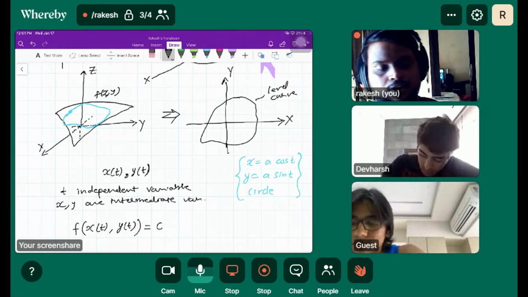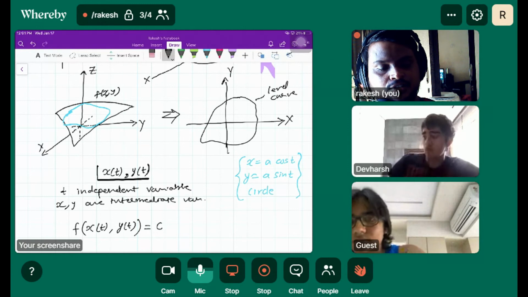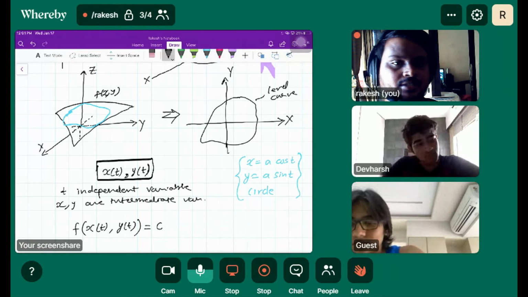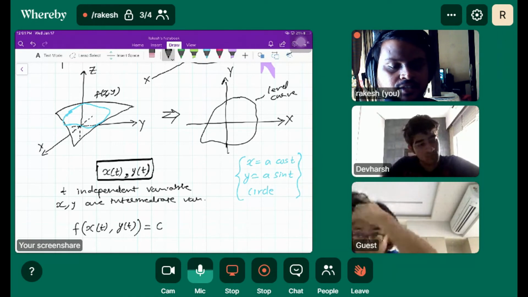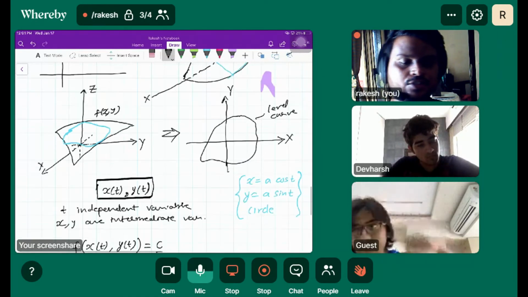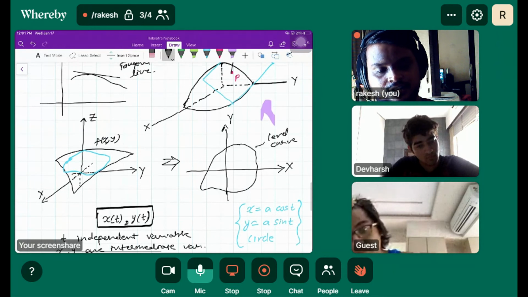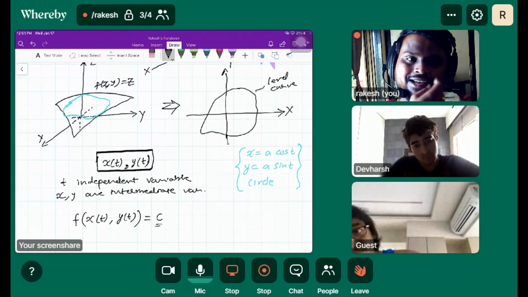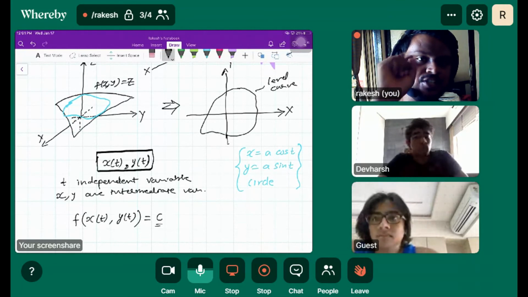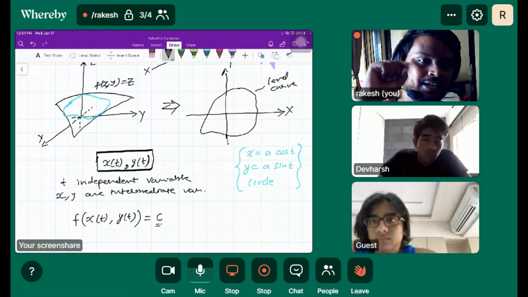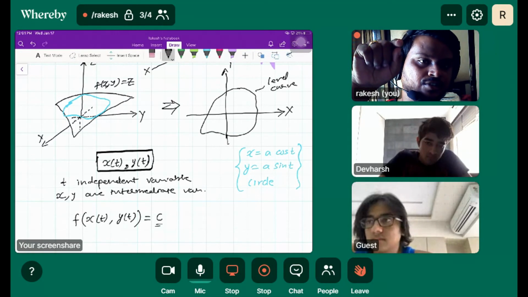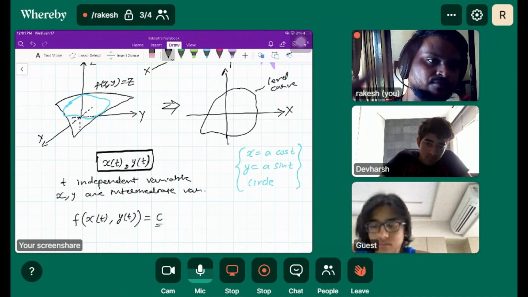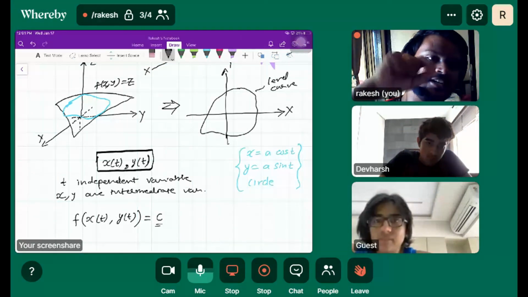So if I plug these parametric equations of the level curve inside the function, what will it give us? It will give us the c value, because f of x comma y is equal to z, right? If I'm plugging x of t, y of t inside the function, z will be some constant height, and that constant height is basically c.